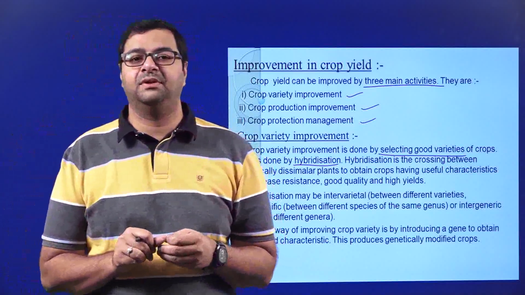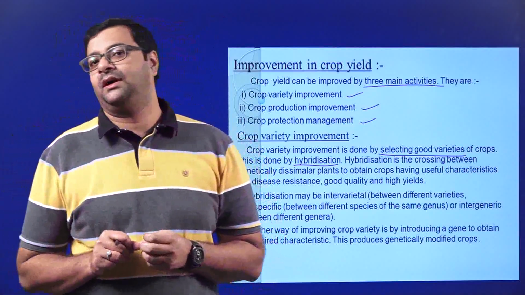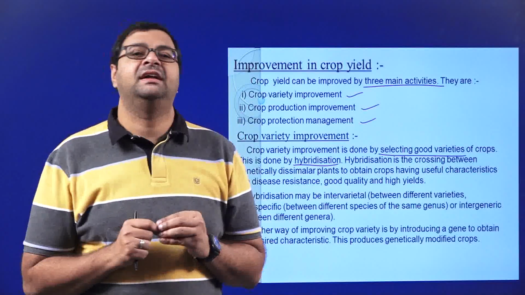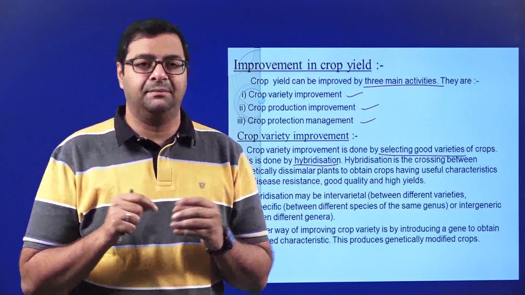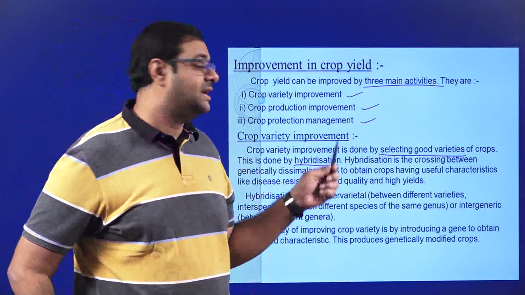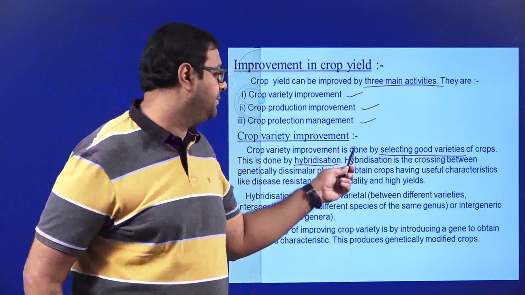Say, for example, if per hectare he is getting around 1 ton of gram, with this crossing he can get maybe 1.5 tons of yield. So that is the first step in crop variety improvement: the hybridization technique.